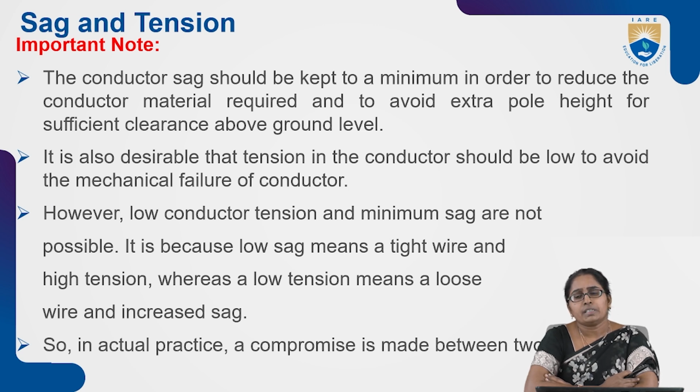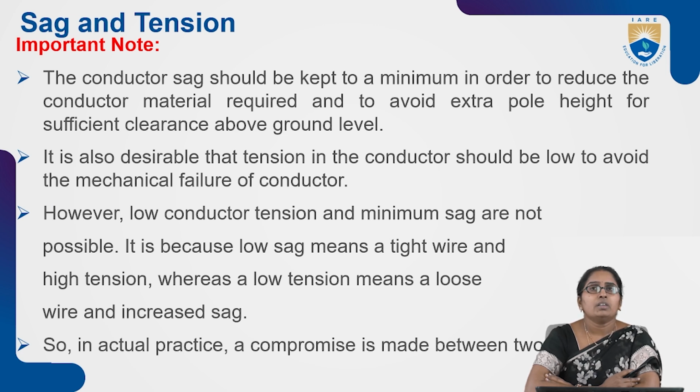So basically, the sag should be minimum for two reasons: to reduce the conductor material required and to avoid extra pole height, to keep ground clearance. They want to minimize the sag.